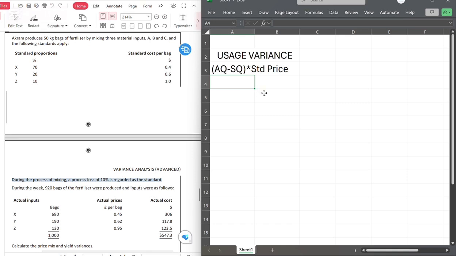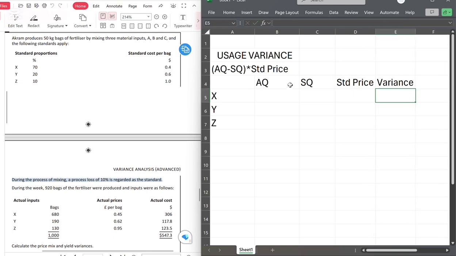So I'm going to have all the materials X, Y, and Z, and we'll have the actual quantity, the standard quantity, the standard price, and the variance, which is what we're expecting.